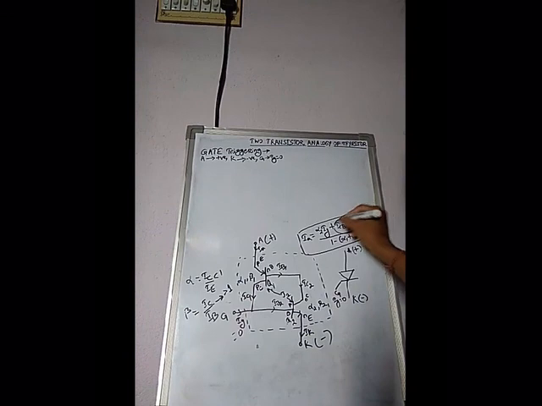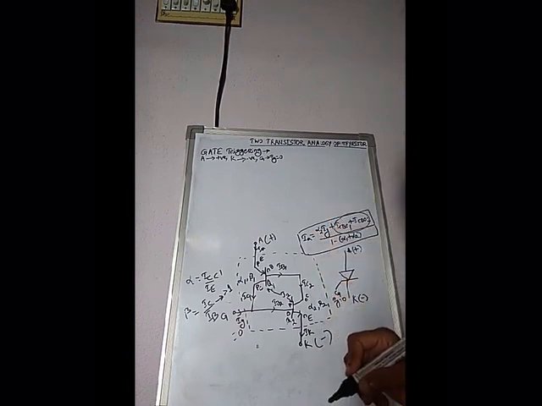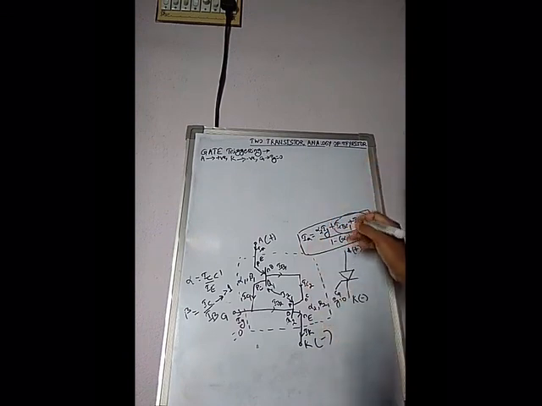These two are forward leakage currents. But in the practical case, the anode current is somewhat more than ICBO1 plus ICBO2.